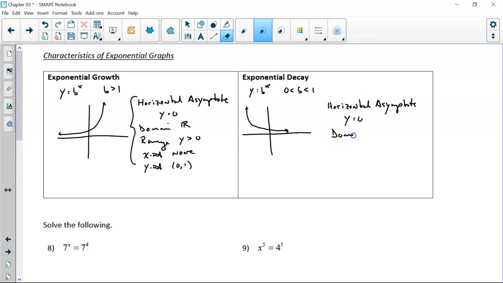The domain is going to be all real numbers. The range, y is greater than 0. The x-intercept, there will be none. And the y-intercept is going to be at 0, 1. Those are for when you're in the form of y equals b to the x.